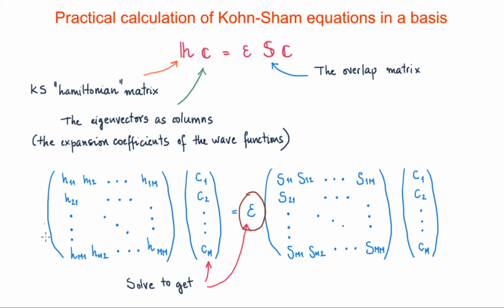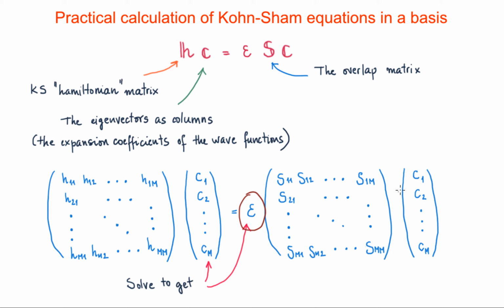So this equation system is the one we need to solve in order to calculate both the eigenvectors and the eigenvalues. Of course, as we have M equations here, we can have M eigenvalues, and from each eigenvalue we can get the corresponding eigenvector.